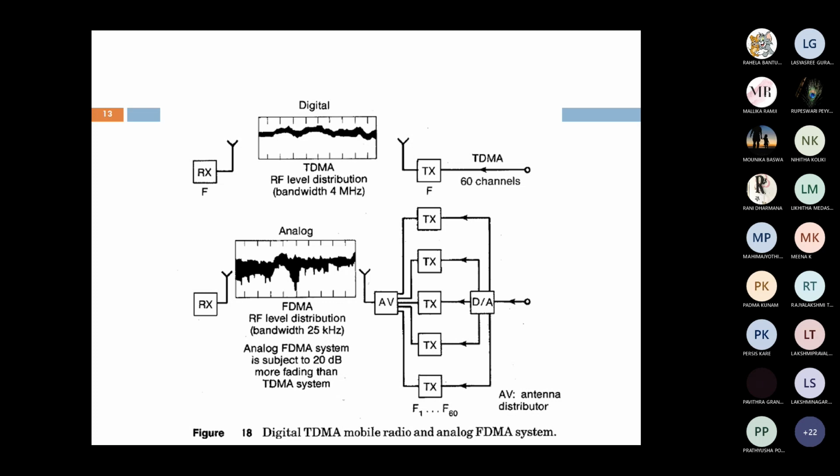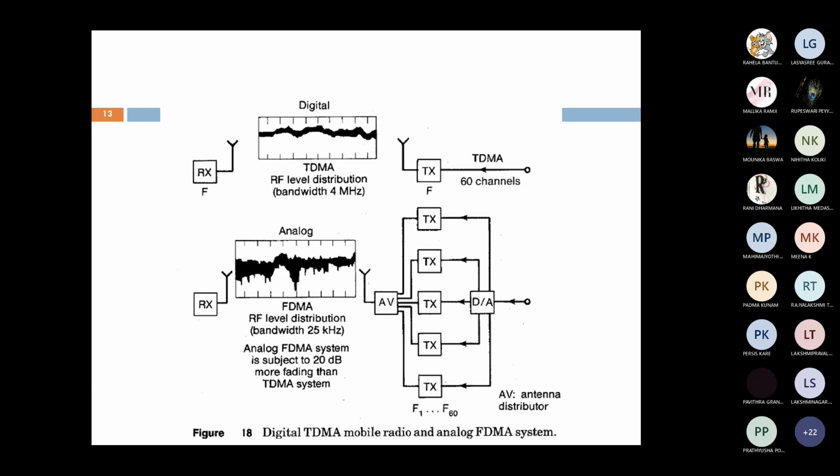But when we go for the FDMA technique, the bandwidth is 25 kilohertz, and the number of channels is 60. For 60 subscribers, instead of a single antenna, 60 transmitters are required. The input is an analog signal for the FDMA technique; it is converted from analog to digital, processed, then transmitted.